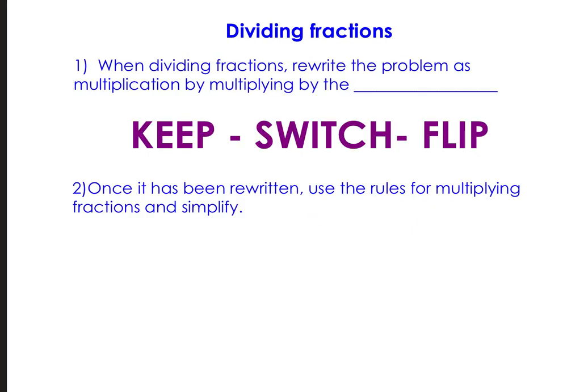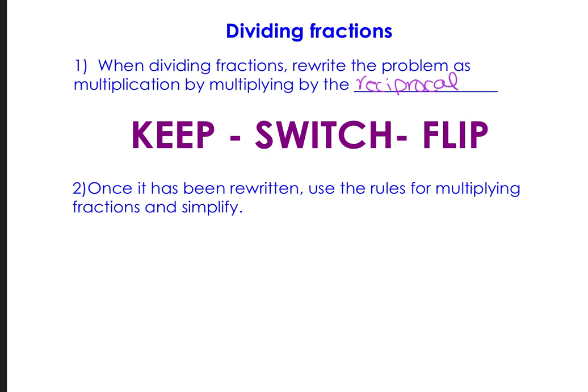So when we're dividing fractions, we're always going to start by rewriting that problem into a multiplication problem by instead multiplying by what is called the reciprocal, meaning that we're going to flip that fraction around.